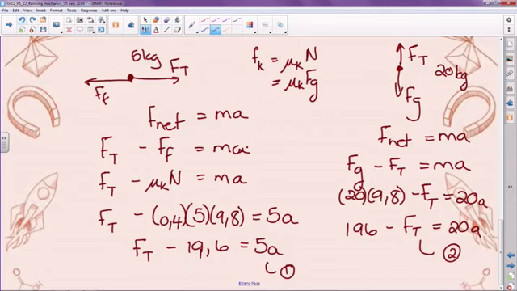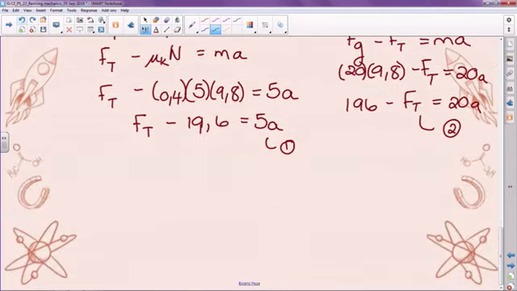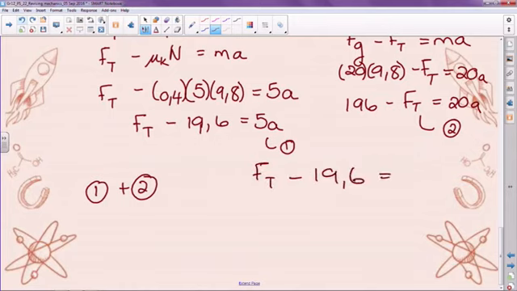The next mark is being able to solve for A. How you do this is up to you. In my own school, a colleague and I teach this very differently, but I tell my learners to always add the two equations. So you go Ft minus 19,6 equals 5a, and then 196 minus Ft equals 20a.